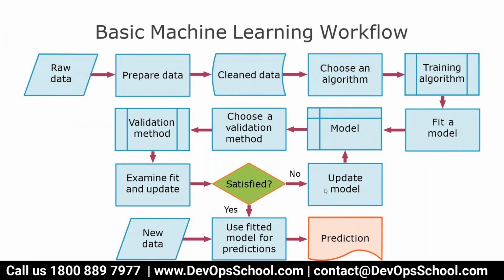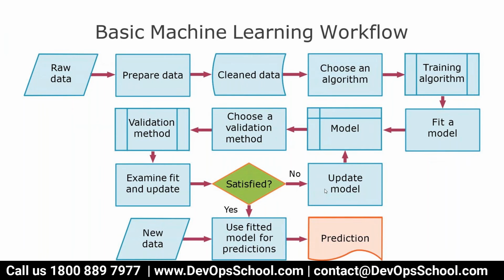Then you choose an algorithm. Using that you can train on the data. Then you find out which model is suitable. In a traditional one you have to find the model, and then you select the model. So the model and algorithm for training you have selected. Then you have to validate whether the training is happening properly or not.